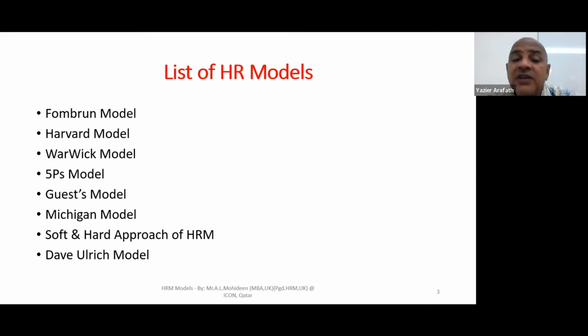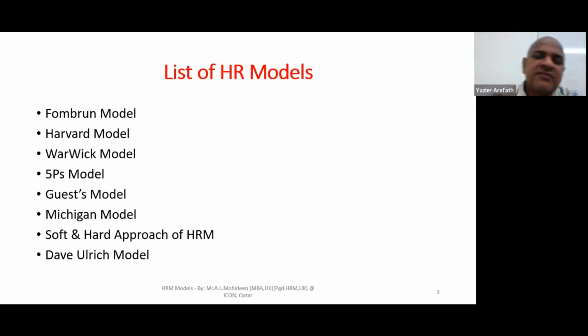When we discuss these, we can understand how HR functioned earlier and how HR is functioning now. Through these models we can understand how HR was practiced in the past and how it is practiced nowadays.